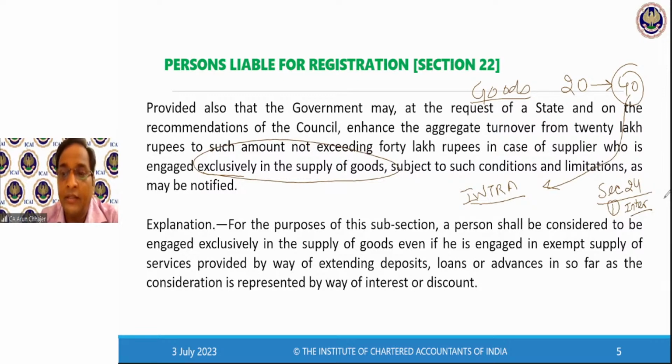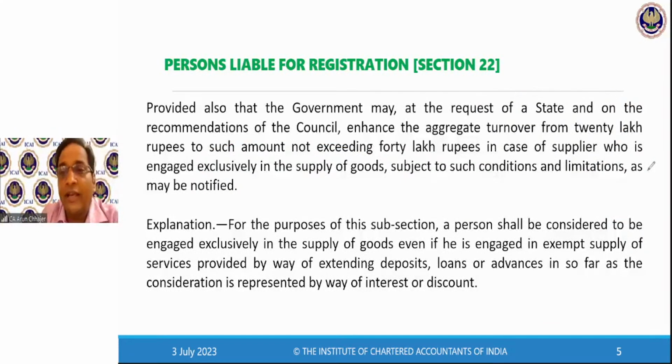So this proviso talks about 20 to 40, but effectively it is possible only within the state, not from one state to another. Okay.